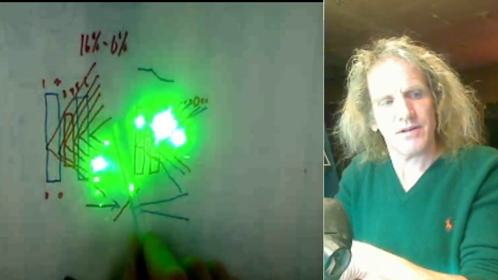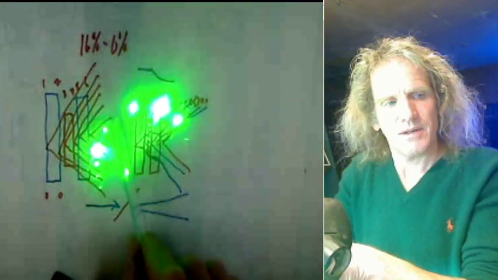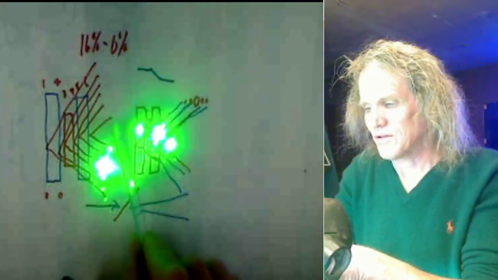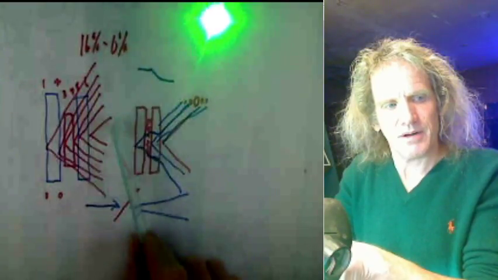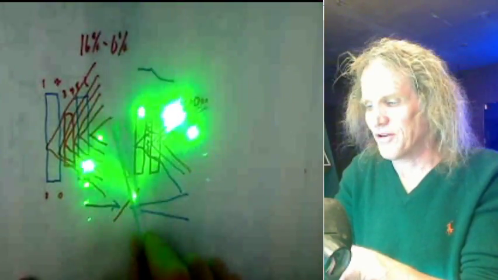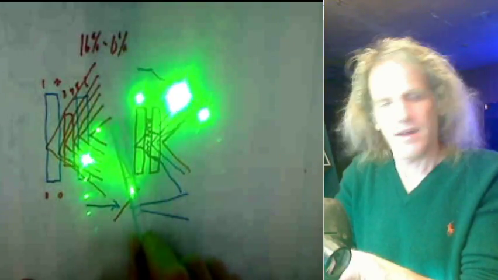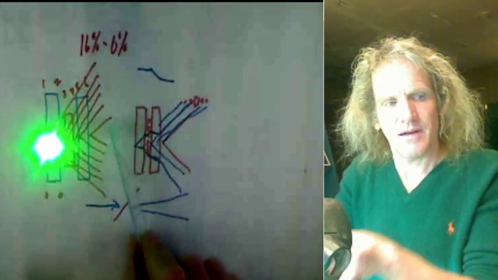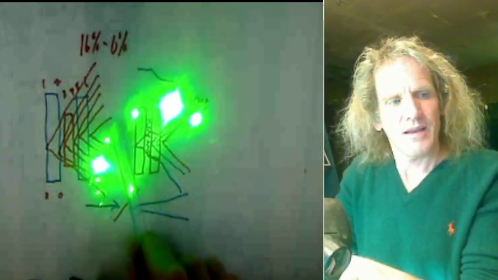Isn't that curious? Unfortunately, it doesn't show up as well because it's too intense. It's good and clear on my piece of paper here, which is just kind of disappointing. But look at the brightest spot on this side. It's not in the middle.